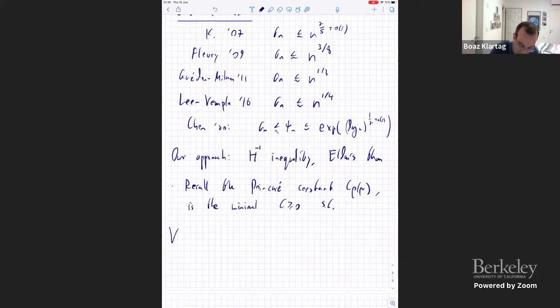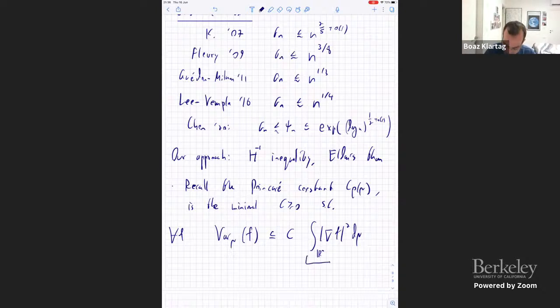I want that for any function f, its variance should be smaller than this constant C times the integral of its gradient square. On a graph, you sum over all of the edges the difference, right? And in the continuum, you look at the integral of gradient square. This is a Sobolev norm, sometimes denoted by H1 of mu. Okay, so that's the Poincare constant.